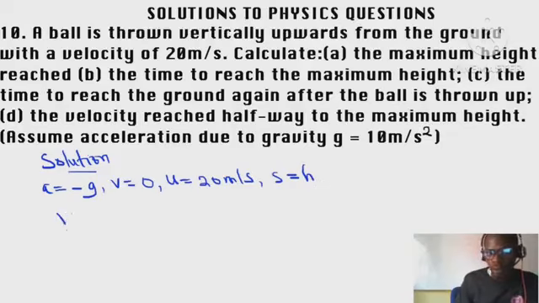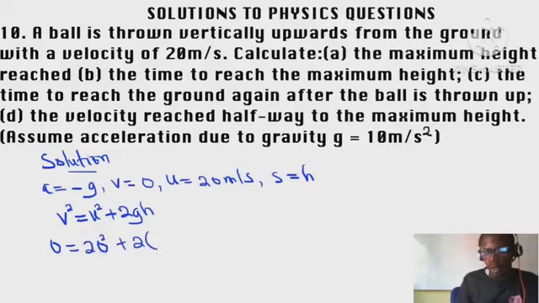So from v squared equals u squared plus 2gh, in that case, we are going to have 0 equals 20 squared plus 2 times, in brackets, our a, which is minus g, that's minus 10, then times the height, which is what we are looking for.